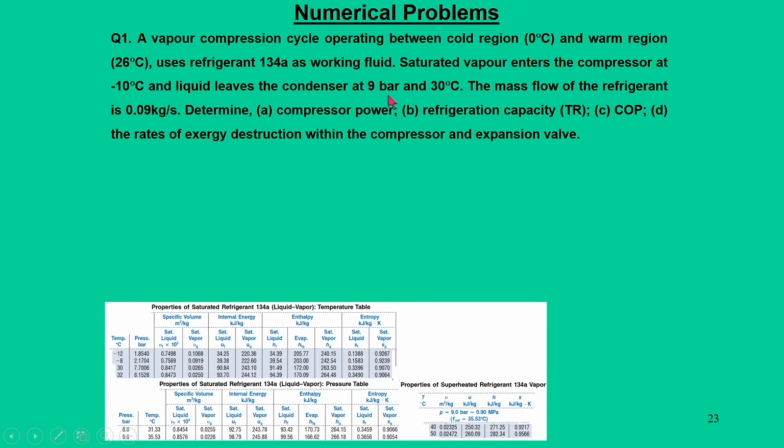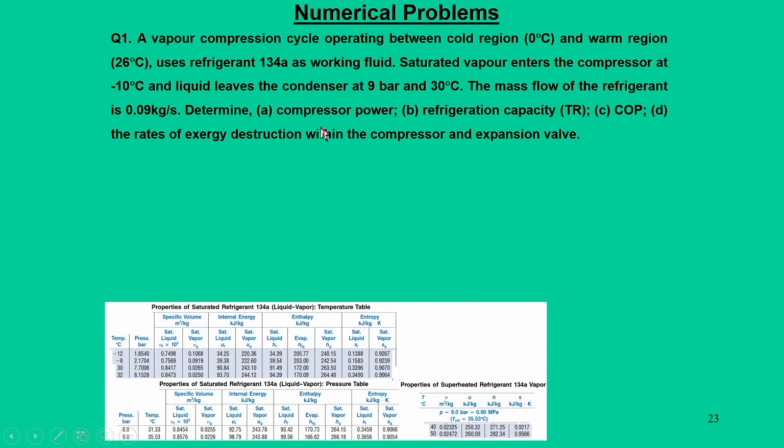So, here there are two parameters. Normally liquid leaves the condenser as saturated liquid, but we have specified it is at 9 bar and 30 degree centigrade. So, here another irreversibility comes into the picture, that this particular state could be in the subcooled region, and we have to calculate the mass flow rate of the refrigerant.